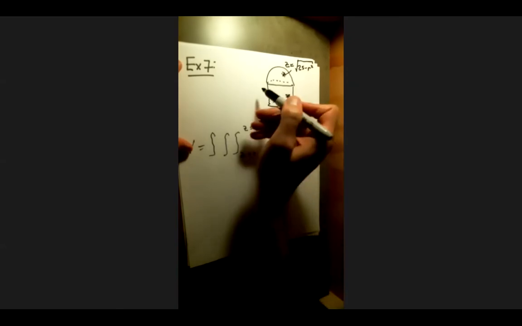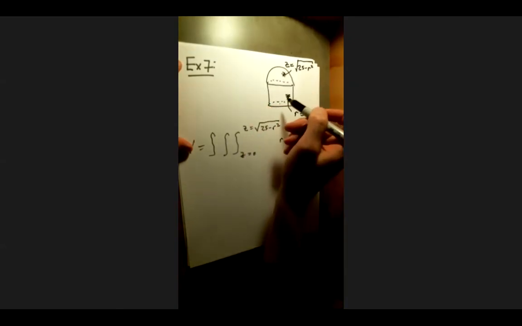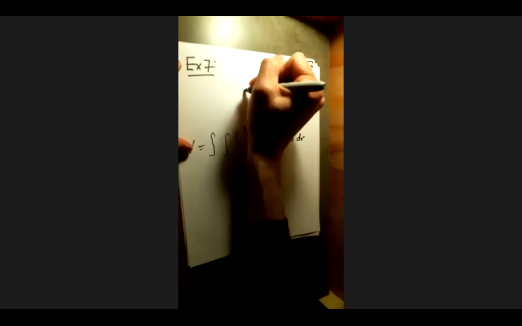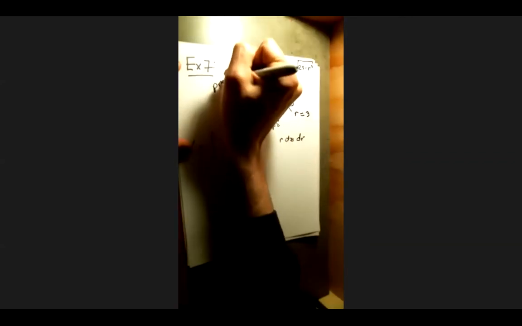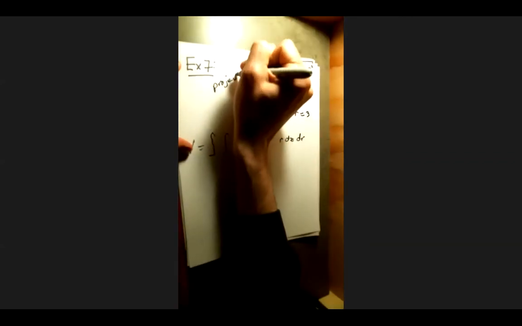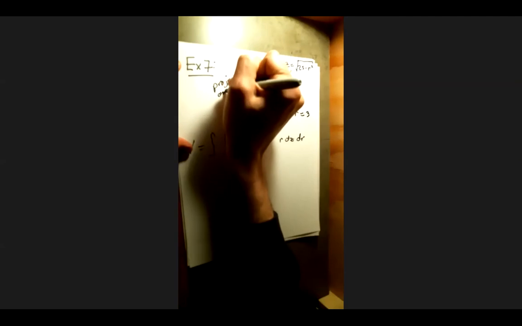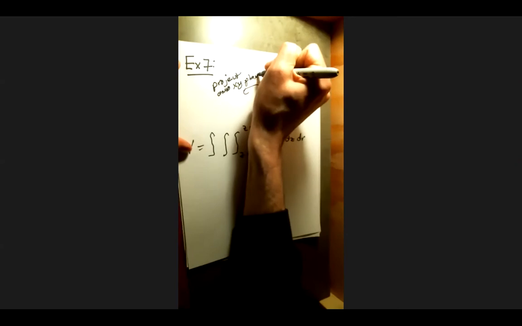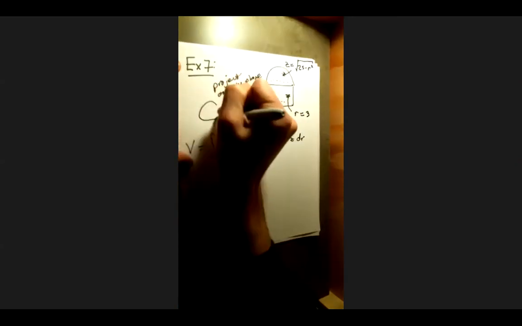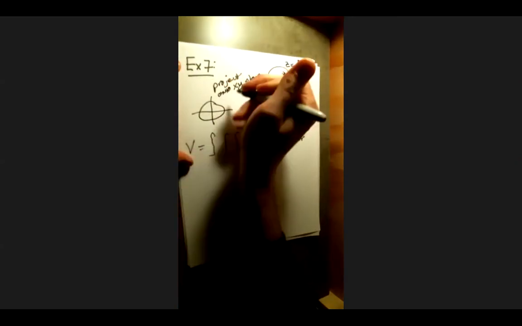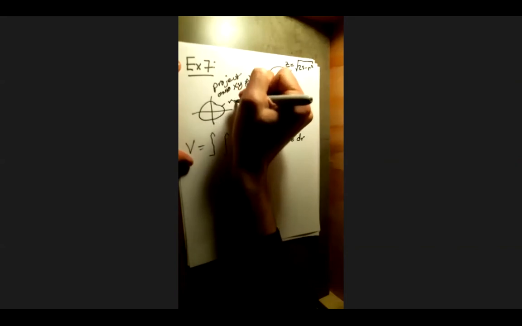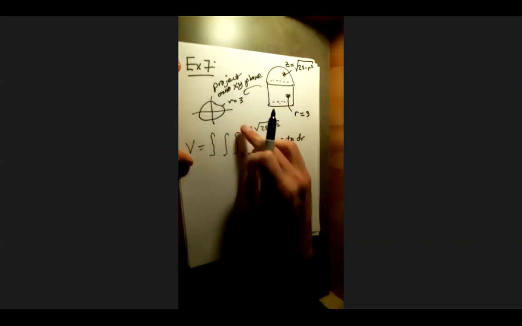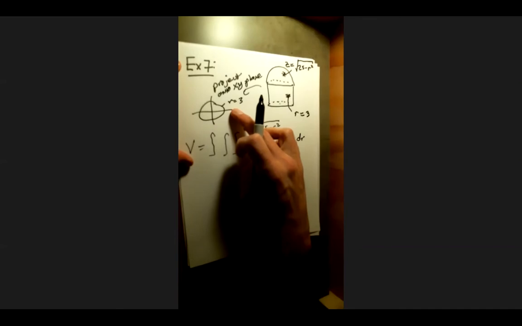We remember that we could project onto the xy plane. And we have this shape here. So it's a circle with radius 3.